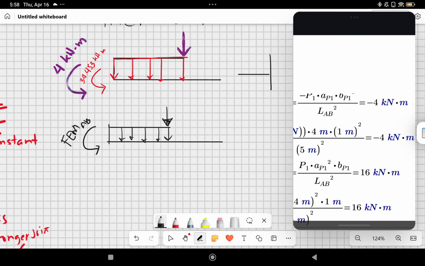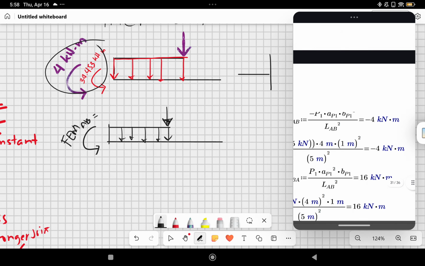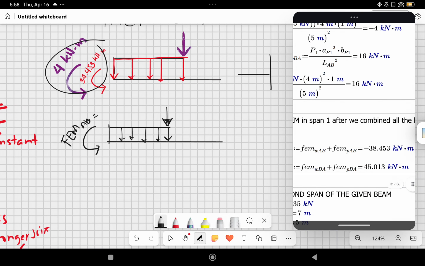FEM-AB natin is yung combination na to. Okay, so pag-add lang natin sila, that is 34.453 plus 4, that is 38.453. Okay, it is negative, ibig sabihin counterclockwise.